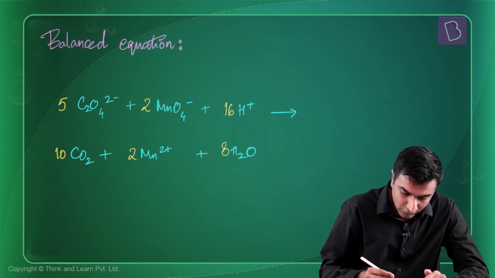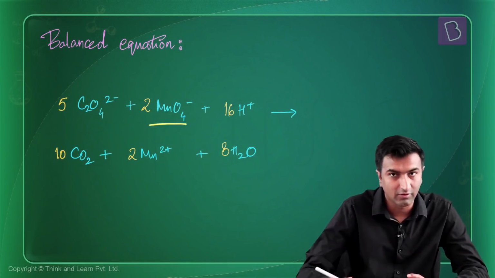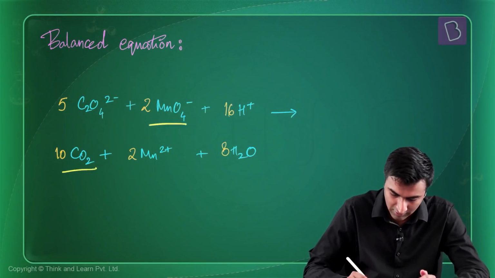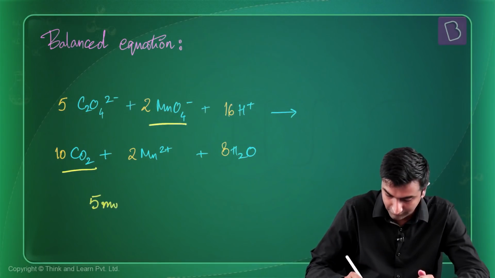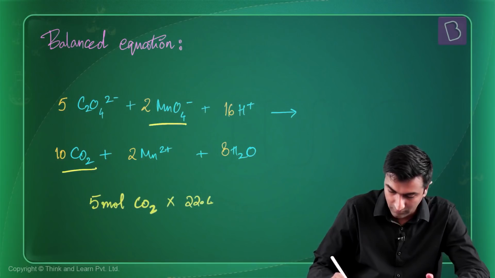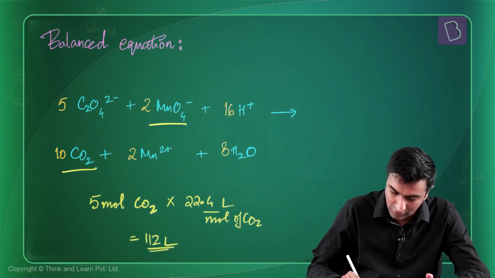And from here you get to know clearly that for 2 moles of MnO4 minus, which is your permanganate ion, you get 10 moles of CO2. So per mole, you have 5 moles of CO2 produced, and multiply this with 22.4 liters per mole of CO2 again, to get the volume, which is equal to 112 liters, which is your answer.